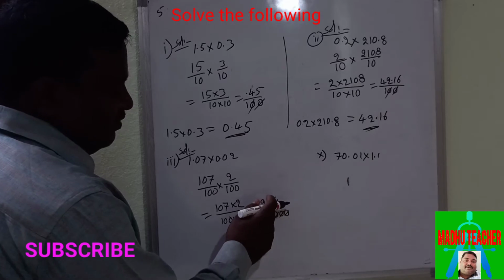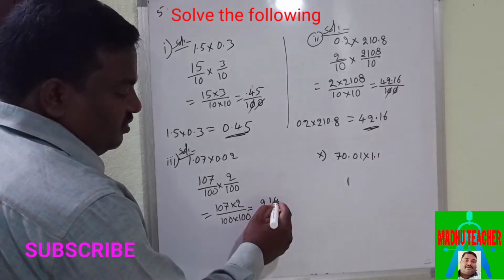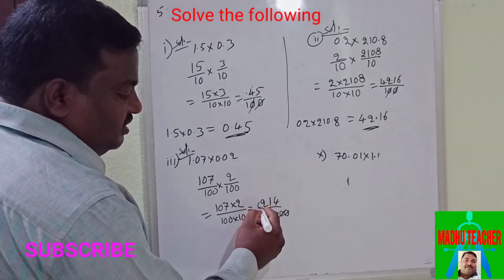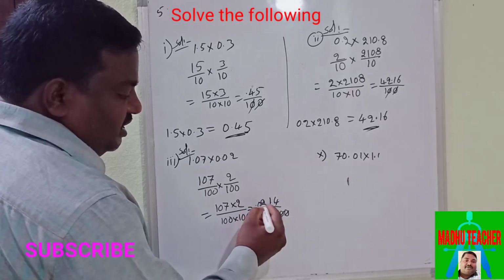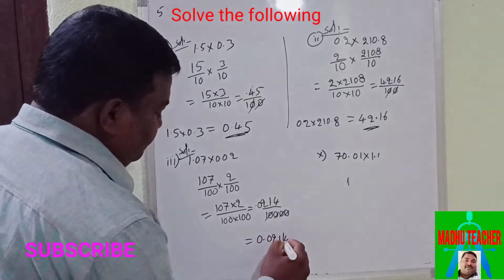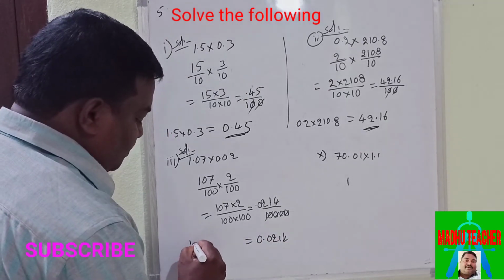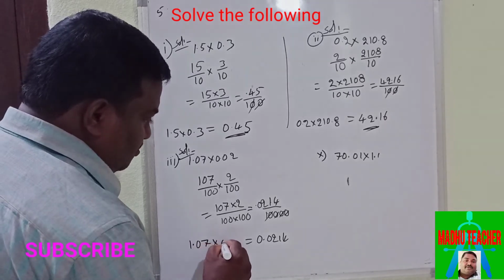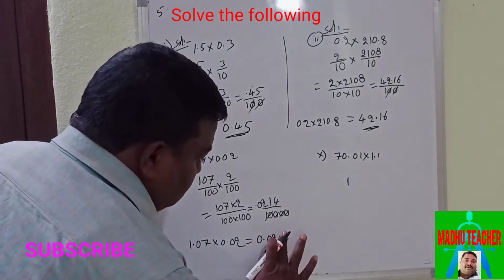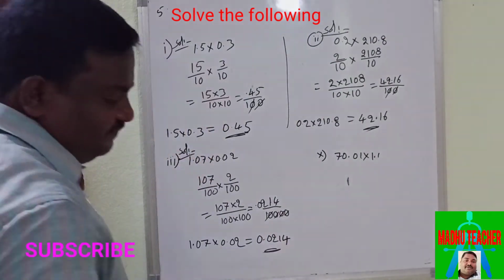Put point before 4 digits, but we have only 3 digits, 1, 2, 3. So for another digit, put here 0 point, that equal to 0.0214. 1.07 into 0.02 equal to 0.14.